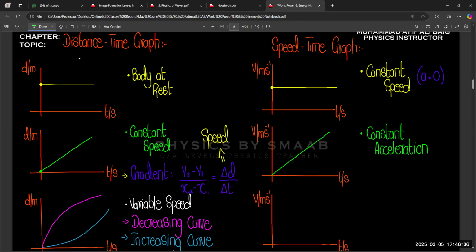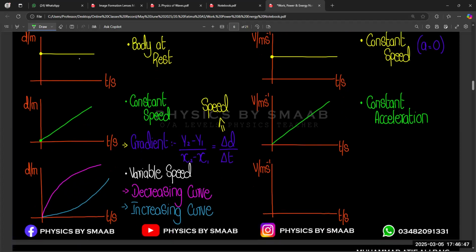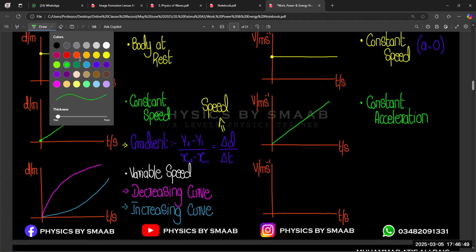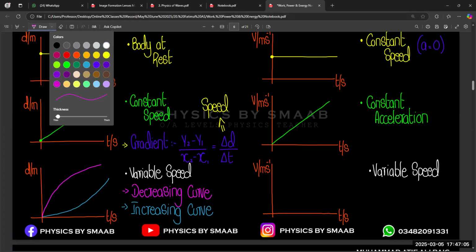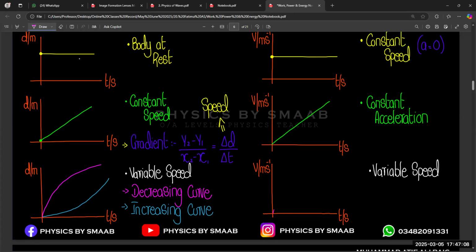And the third graphical representation is the same idea, variable. When we talk about variable speed, it means a decreasing curve or an increasing curve.